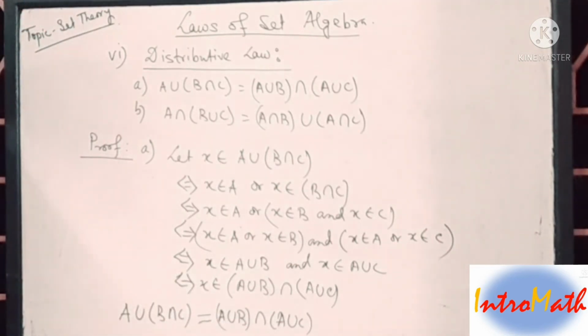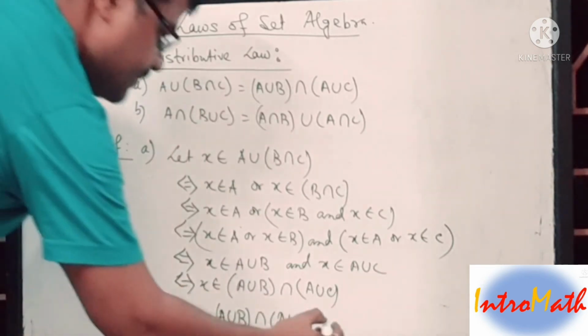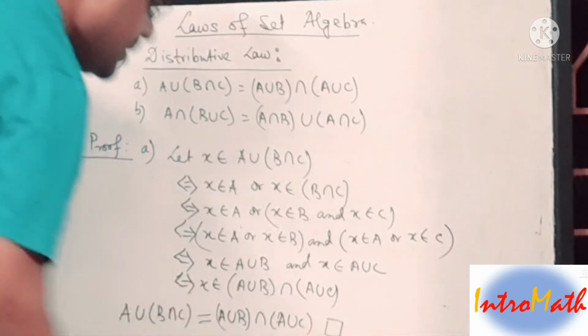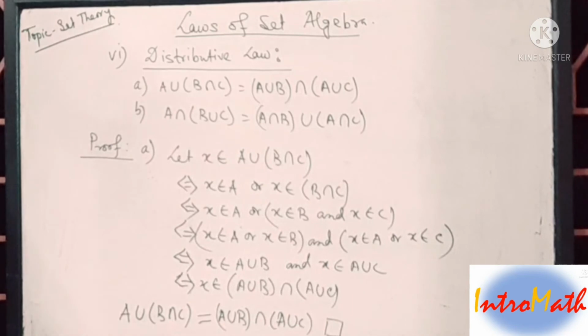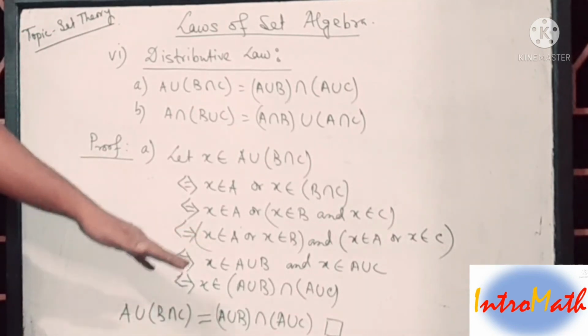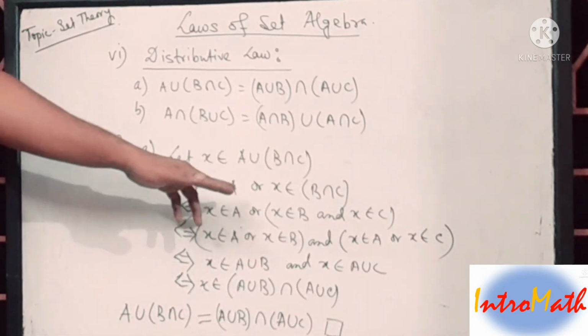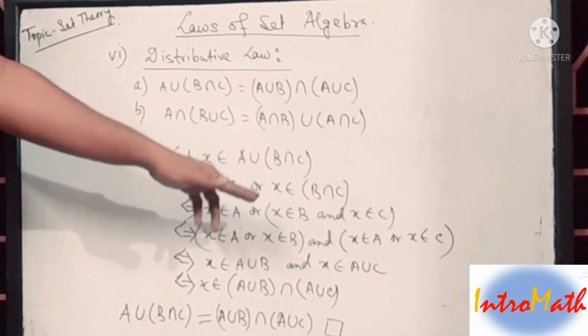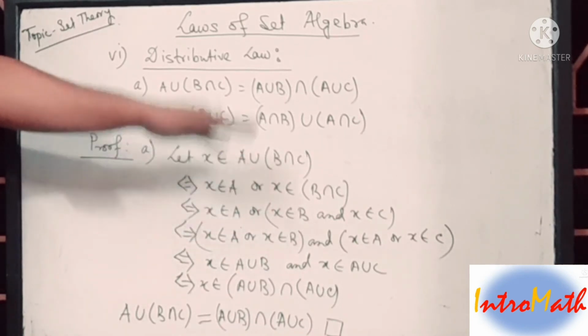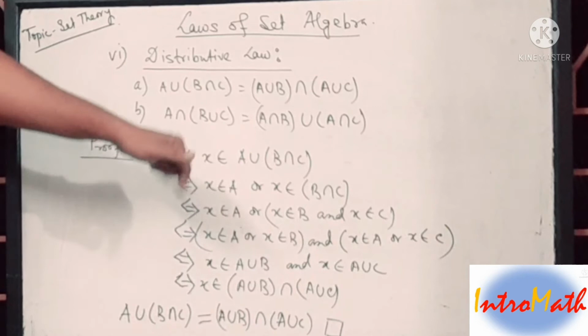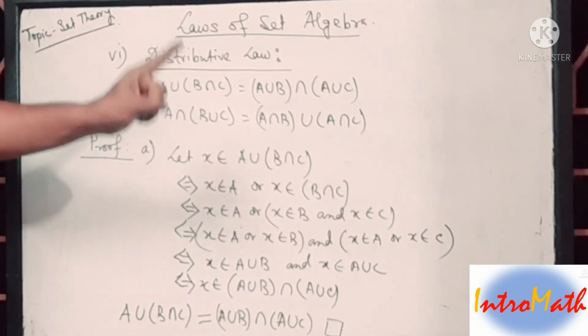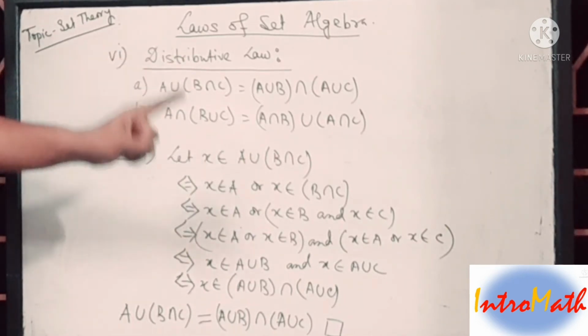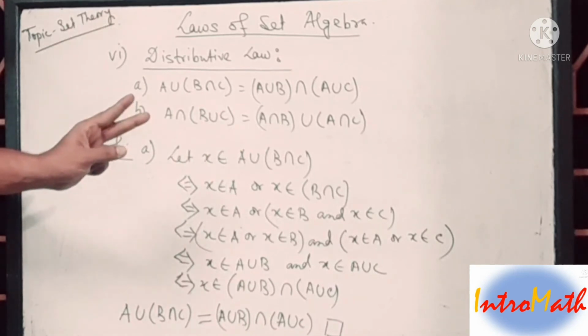This completes the proof. This is the sign of completion of proof. We can use it. I haven't used the or and and signs here. In future, I will use the signs for or and and which I have already stated in the first class.